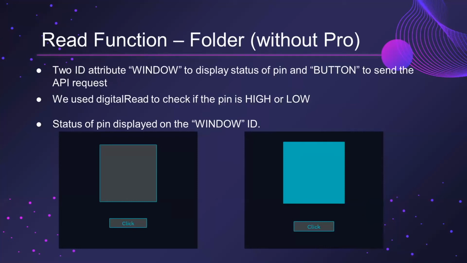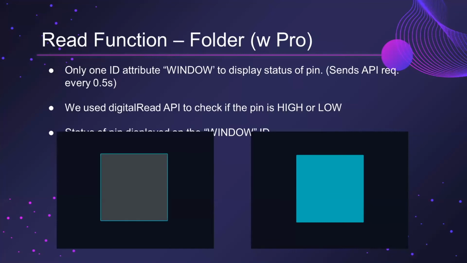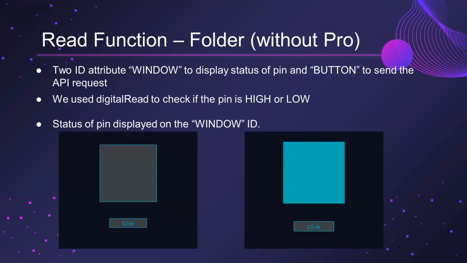There, in the HTML file, you will see two attributes are present. One is window and button. But for with pro, only one attribute is present, that is window. I've used two different folders for two different kinds of subscriptions, because if you are using without pro, then you have to keep pressing the button and then click on this click button tag in here.